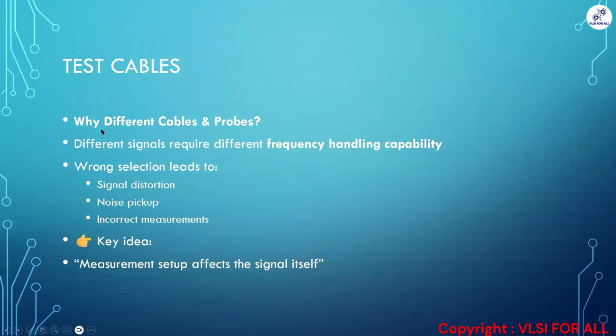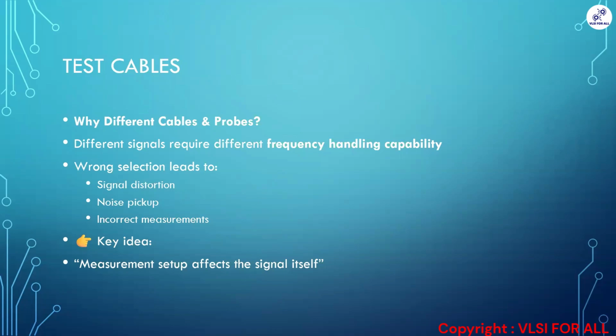So different cables are there in industry to connect that validation setup. They will be having different cables and different probes. Why we have to use different cables and probes is that different signals have different frequency handling capabilities.